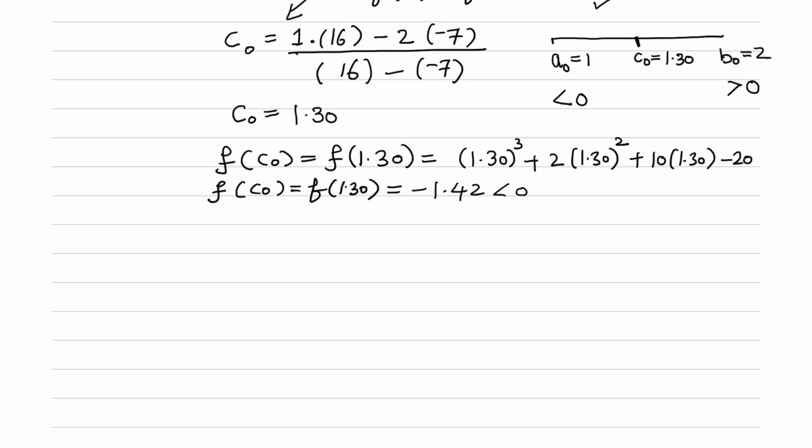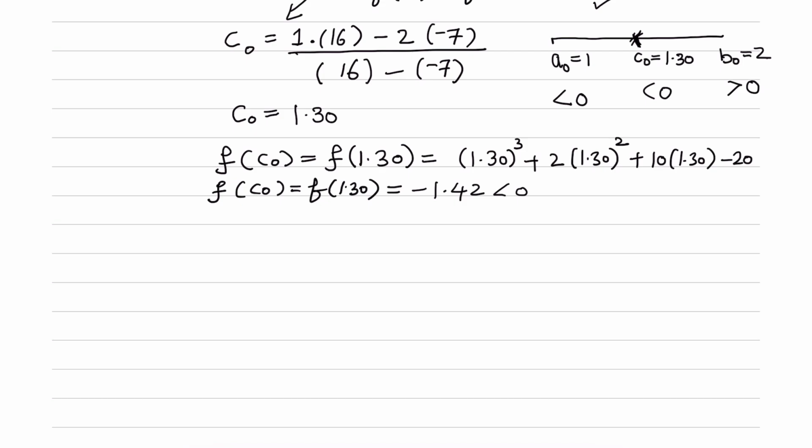So on the right hand side on the interval, we will put the sign here less than 0 at c naught. Now again look at this interval. Here we have the main interval a naught b naught, which is 1 2, and in between a naught b naught we have somewhere here c naught.